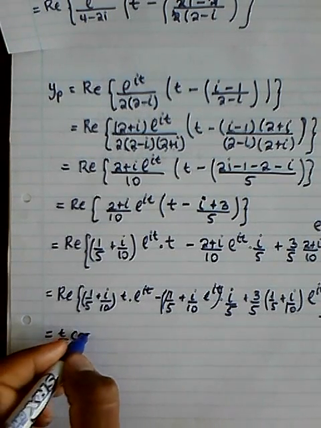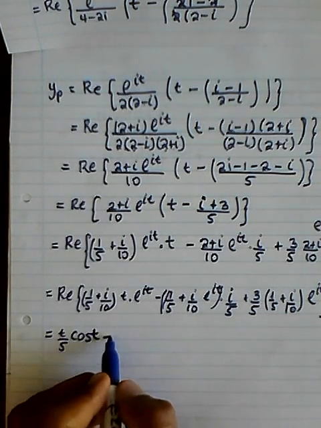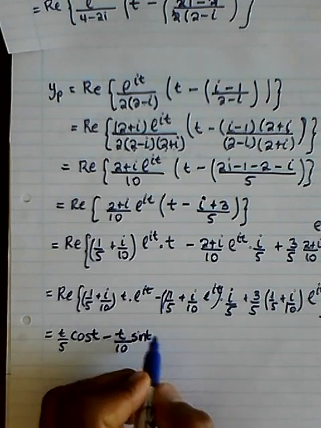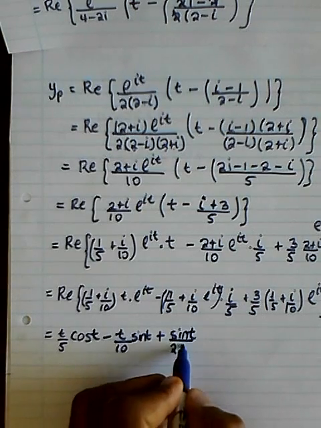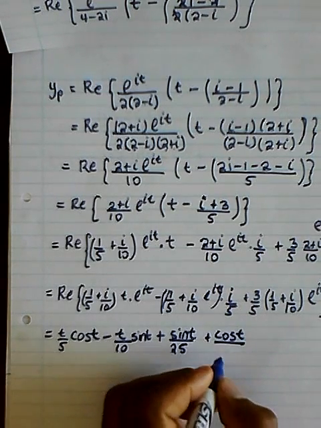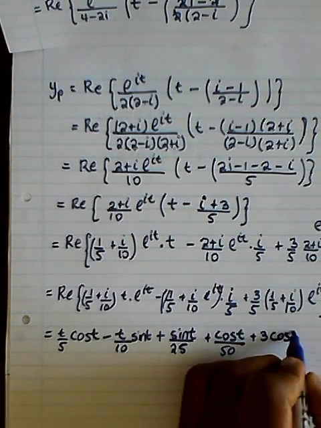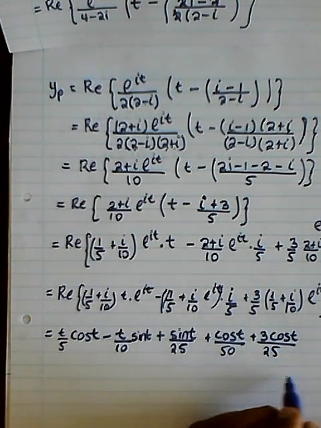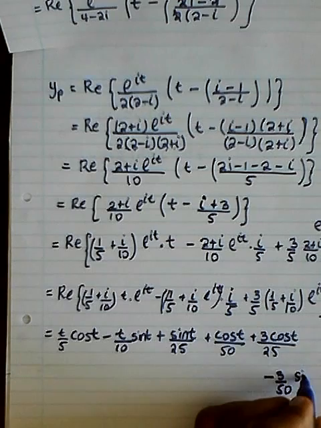So t over 5 cos of t, minus t over 10 sine of t, plus sine of t divided by 25, plus cos of t divided by 50, plus 3 cos of t divided by 25, and the last one, minus 3 over 50 sine of t.